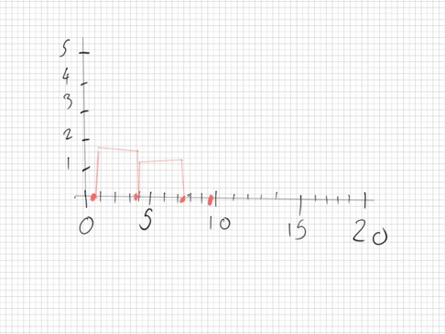And the height? 5. Okay, the next one then? Is 9.5 to 12.5. Yeah. And then the height is 0.33. And then the final one is up to 18.5. So that's here. And the height is 1.